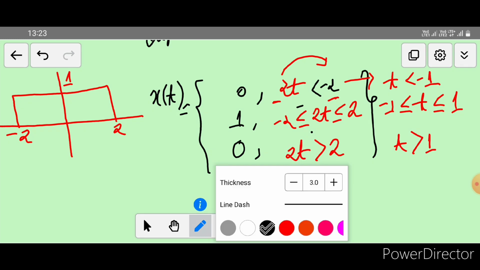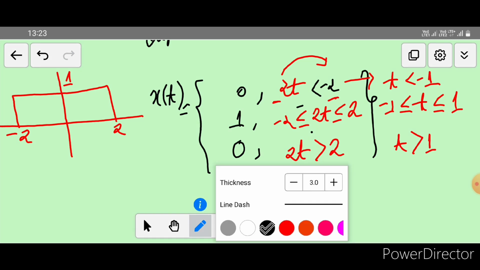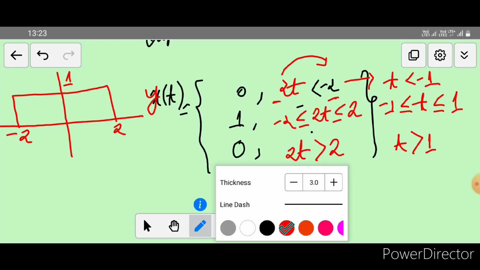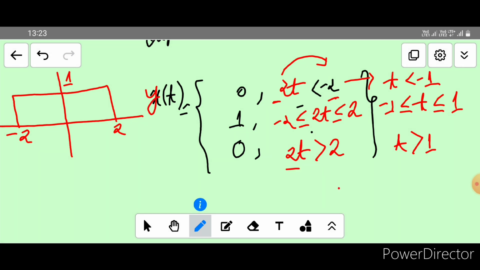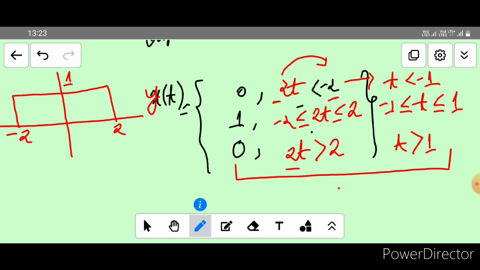So here we can see that our definition of the signal y(t) has been changed in time domain because of the scaling factor 2, which is greater than 1.